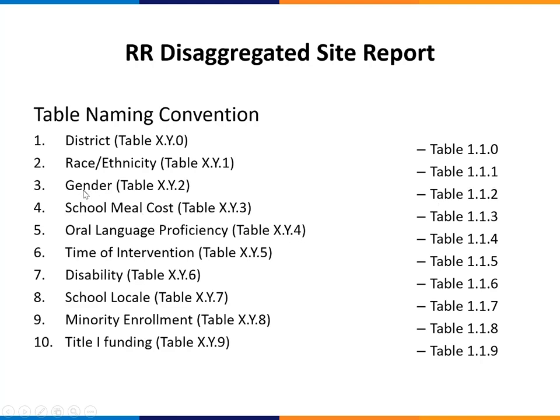If we wanted to see table 1.1 disaggregated by gender, we would go to table 1.1.2. All of the disaggregated tables follow this. If you wanted to see the disaggregated table of 2.1 by gender, you would go to 2.1.2.